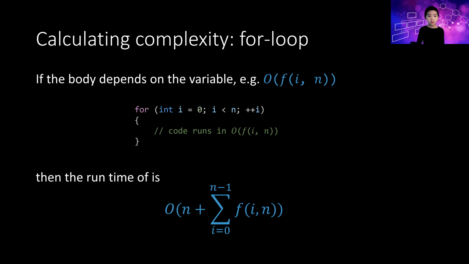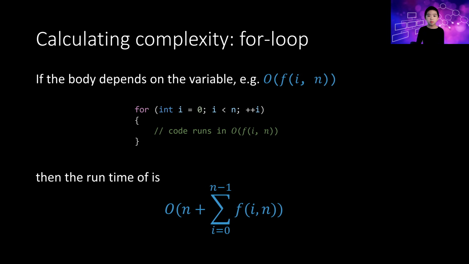But sometimes the loop body has its size dependent on the outer loop variables. For example, if the body runs in the order of a function depending on I and n, we use a function f with parameters I and n to describe its complexity, or the number of operations. Now for each I, the body will run a different number of operations.